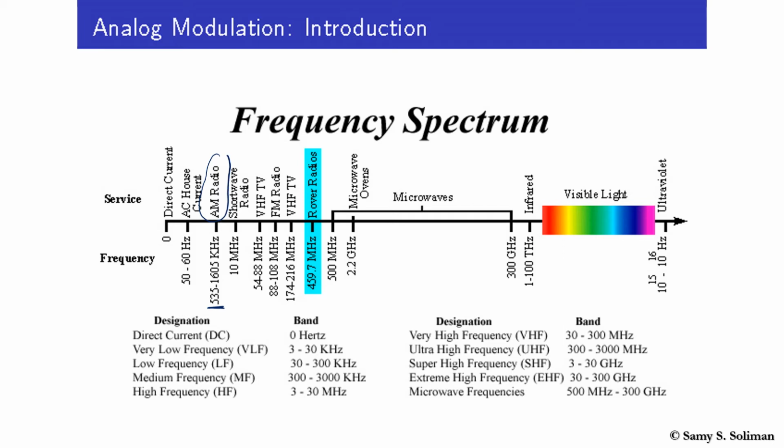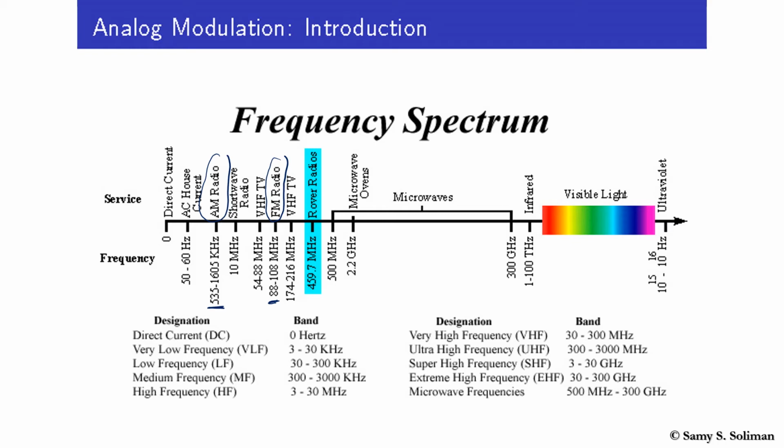In a slightly higher range of 88 to 108 megahertz, we have FM radios, and of course we are familiar with those ranges. So these are the ranges that the radio communication systems use to transmit the radio channels wirelessly.